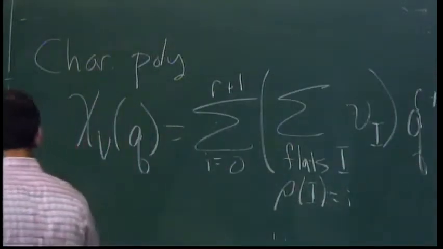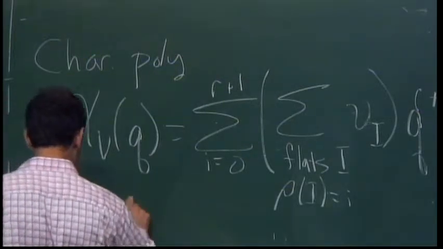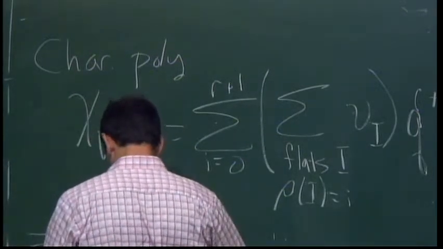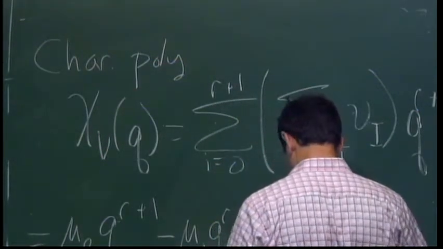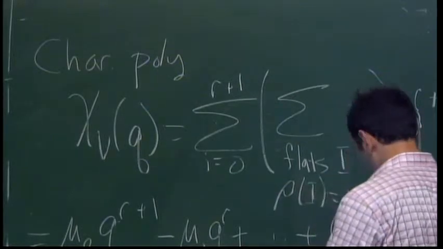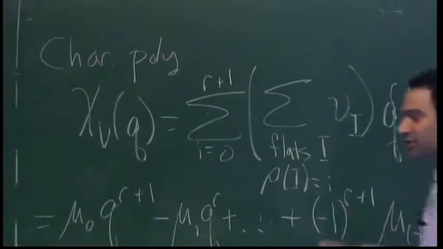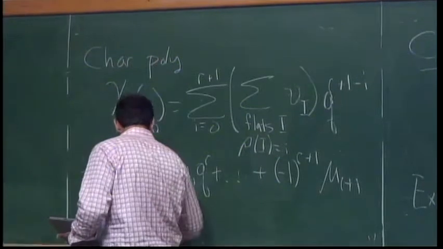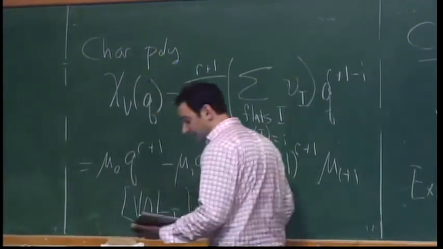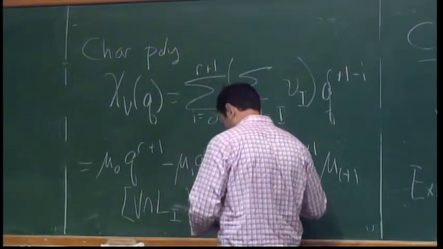And I'm going to call the coefficients of the characteristic polynomial mu sub i. And if you're a nerd, again, you can call this a motivic valuation. So it's given by a motivic valuation taking the class V intersect L_I to q to its dimension.